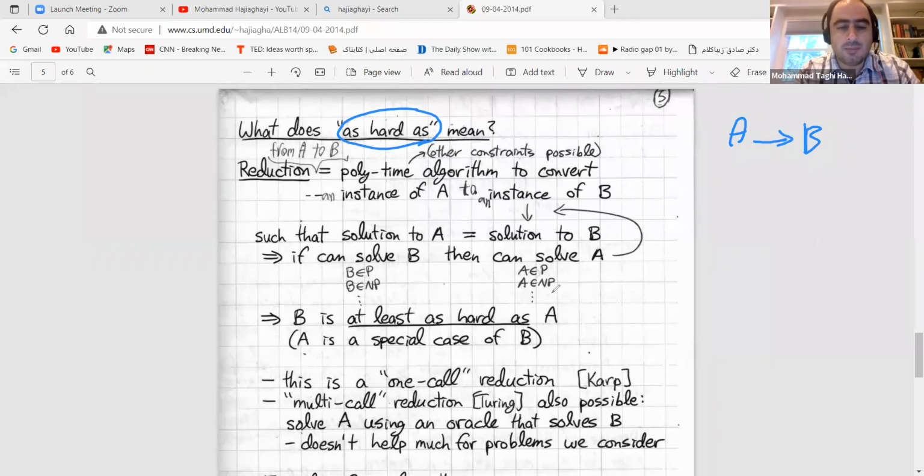So in some sense, B is at least as hard as A. Or we can say A is a special case of B, when there is a reduction from A to B.